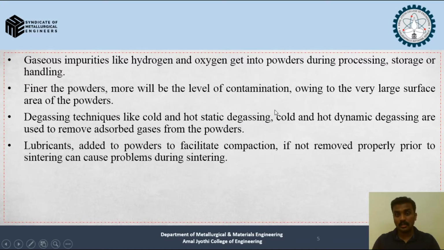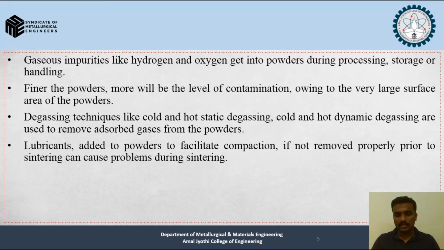That's a method to remove hydrogen and oxygen from the powder, and we have a hot dynamic degassing technique to remove the absorbed gases from the powder. There is a condition that the finer the powder becomes, the higher the level of contamination. So when we reduce the particle size to finer, the chances of contamination are very high.